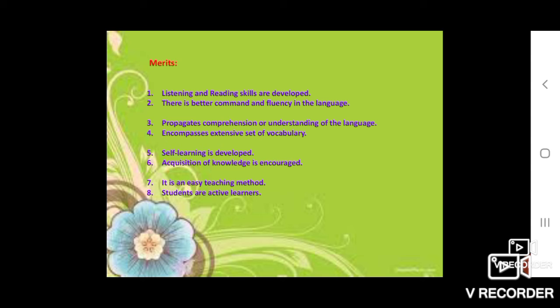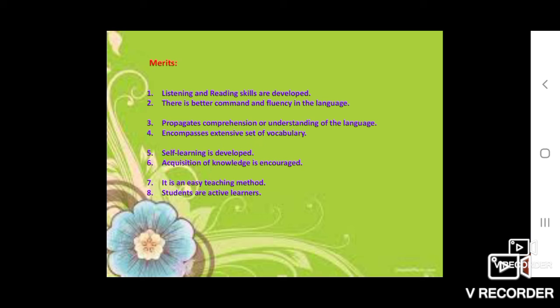After that, if someone acquires knowledge of a particular subject, it is always encouraged, because acquisition of knowledge is encouraged through this reading, and it is an easy teaching method.